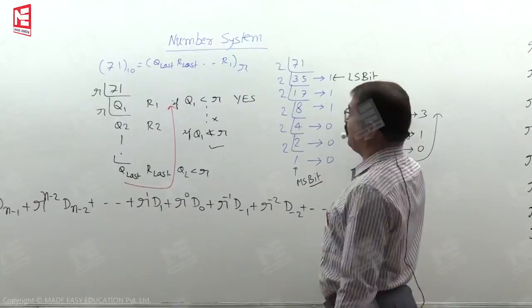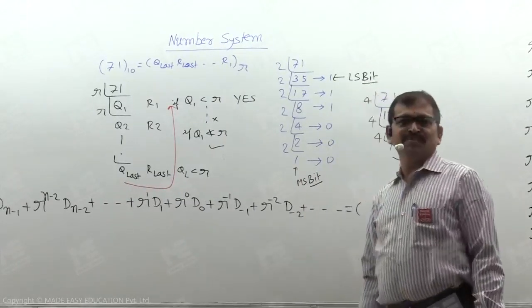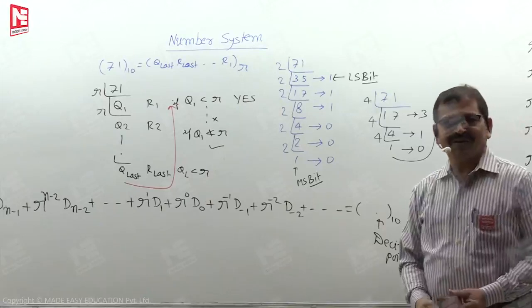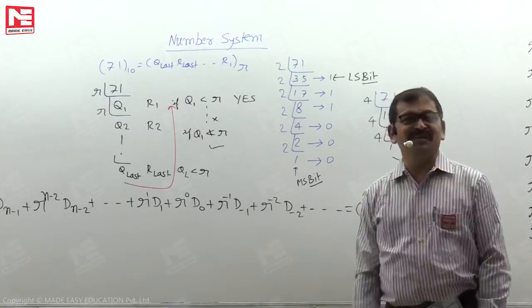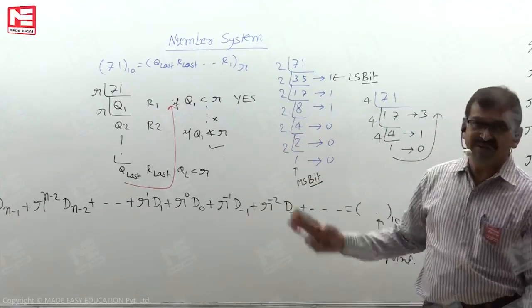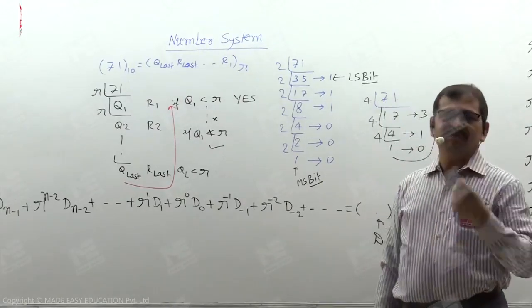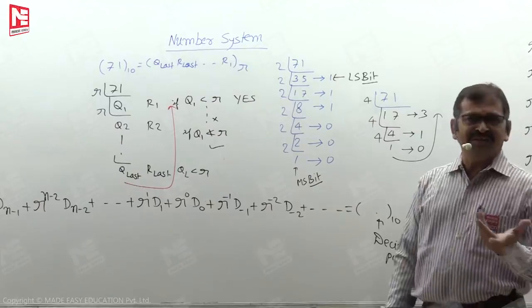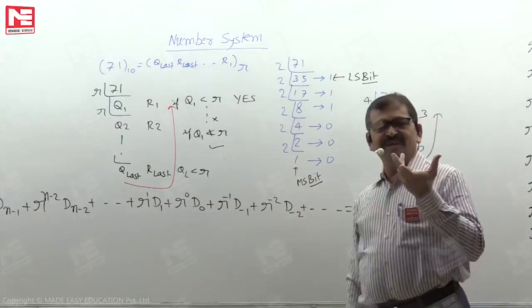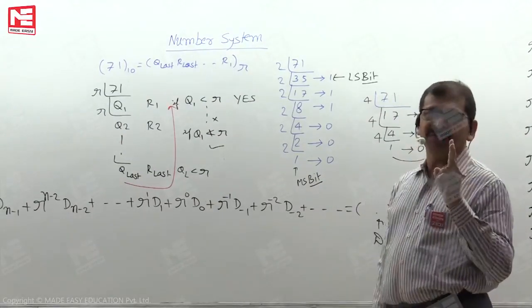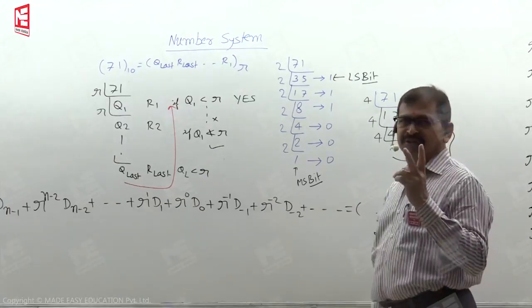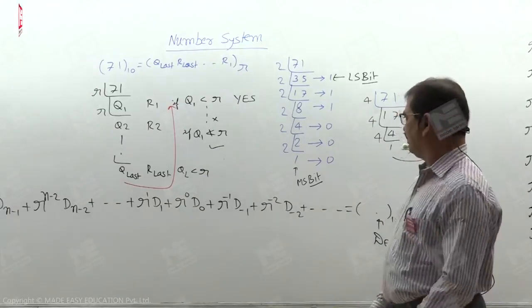The word bit we use only for the binary number system. In all other number systems, we use the word digit. Bit is used only for the binary number system because in binary there are only two discrete values, 0 and 1. That is the reason to name it bit.